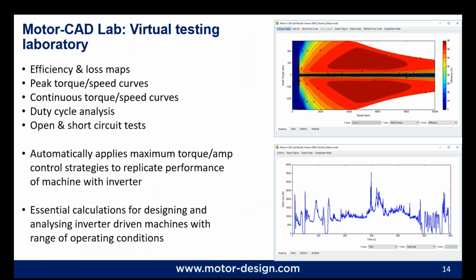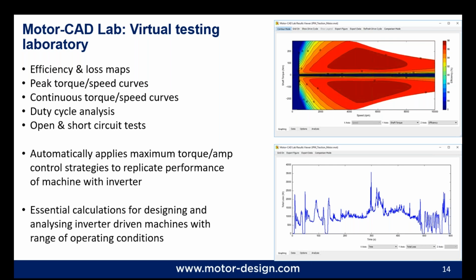And then the final module that we'll just do a brief introduction to is the lab module. So when we're designing machines, particularly for some of the automotive and aerospace applications, it's really important to analyze machine performance across the full speed and torque range of the machine. And that's what the lab module allows us to do. It couples to both the electromagnetic and the thermal solver.